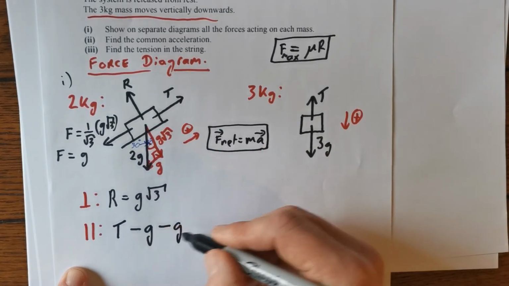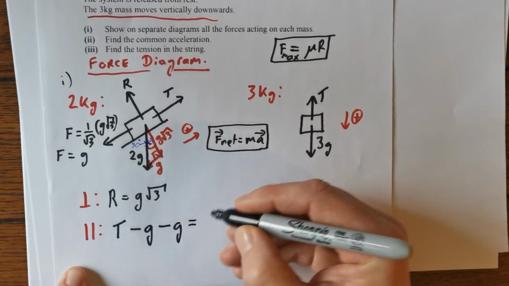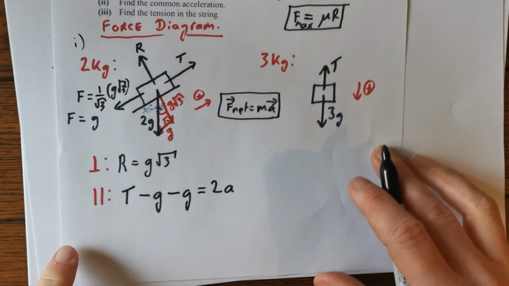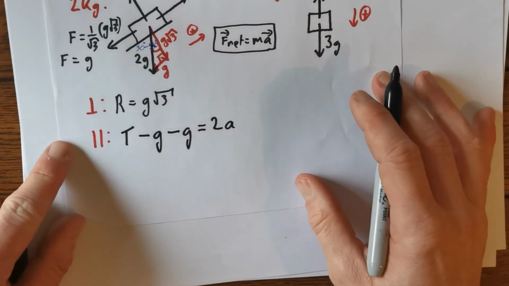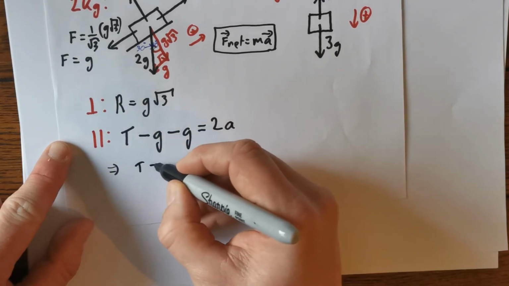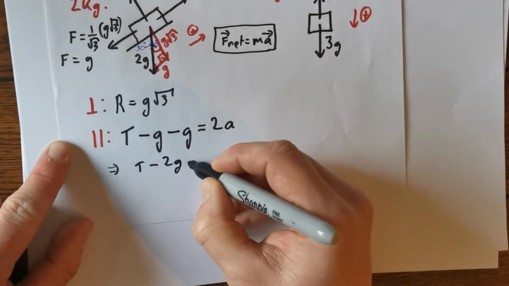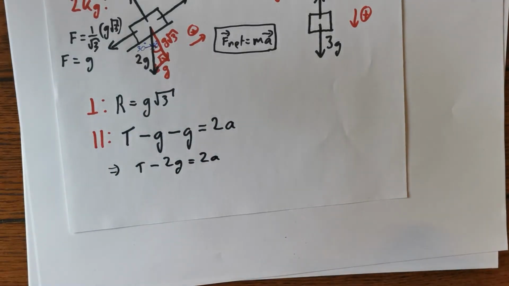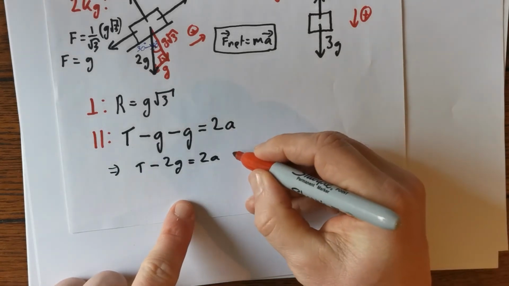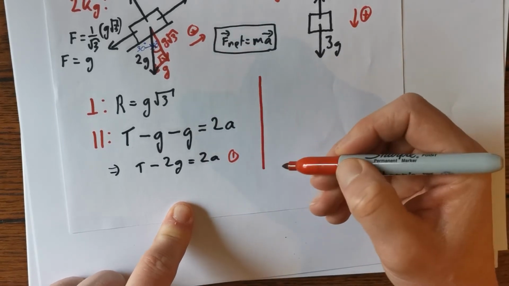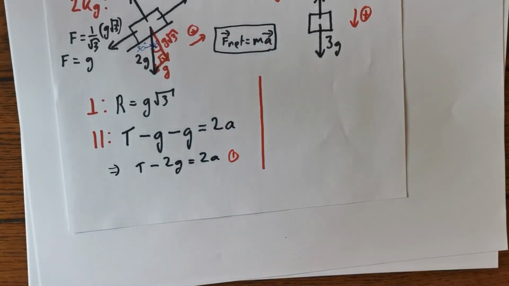So we've got tension, subtract 2 of these g's, is equal to the mass of the object, 2, times the acceleration. Simplifying, that just gives me T minus 2g is equal to 2a. I'm going to call that equation number 1. T minus 2g equals 2a. There are two unknowns there, the tension and the acceleration.